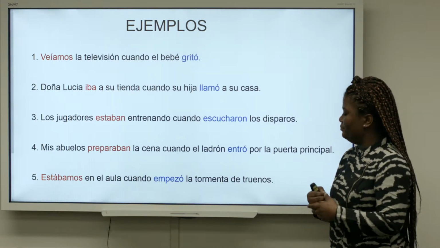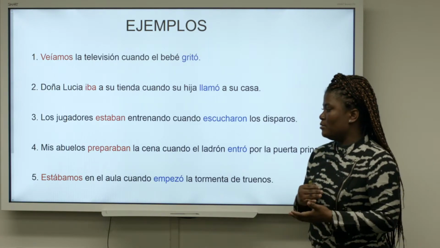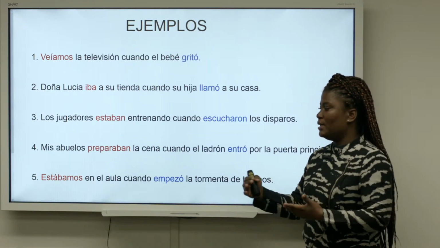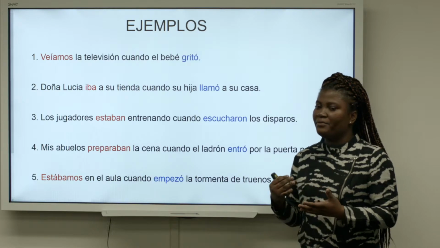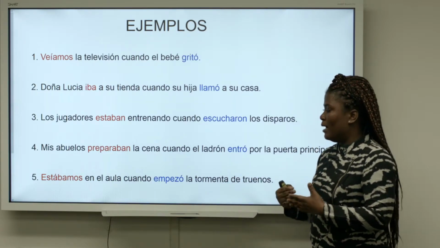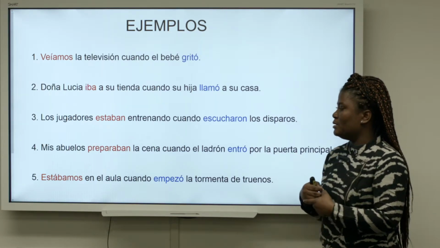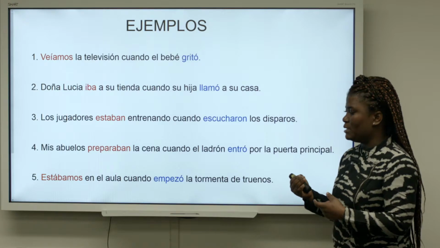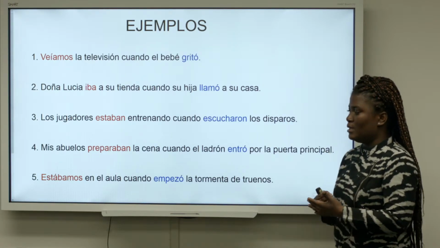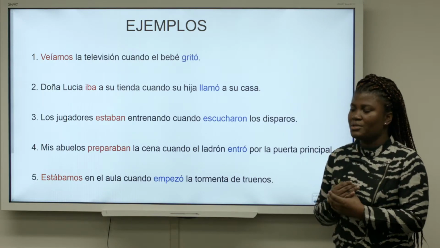It started while we were in the class. So the action of being in the class is conjugated in the imperfect tense because we want to talk about this action that was in progress, while the action of the verb empezar, to begin, has been conjugated in the preterite tense because that is the action that interrupted the first action of being in the classroom.